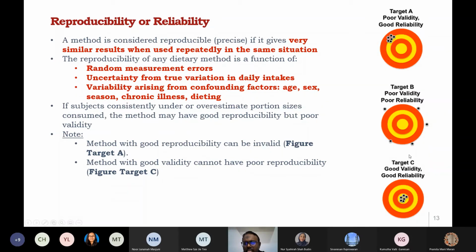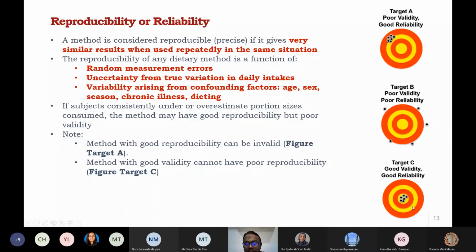Reproducibility means every time you measure, it measures at the same location, at the same value. Although the value is not correct, if it is consistent, we call it reproducibility. But if it is at the same correct value, we call it validity.